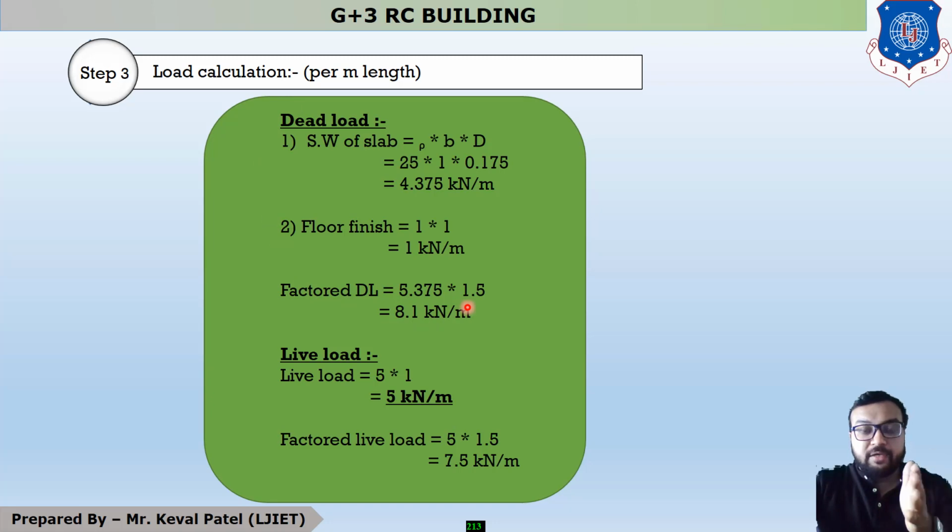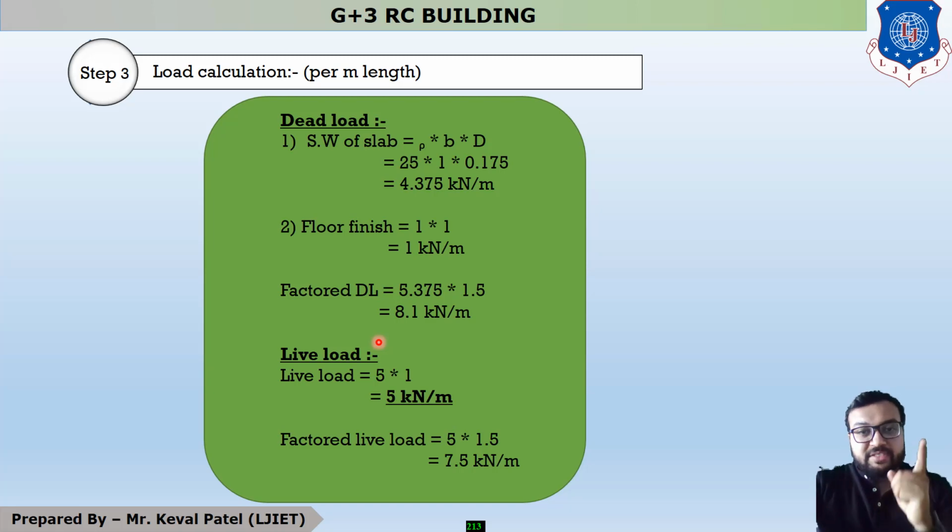After finding the dead load, our next major load is live load. In the question, it is clearly mentioned as imposed load. Imposed load is also called live load. The value of imposed load is 5 kilonewton per meter square.